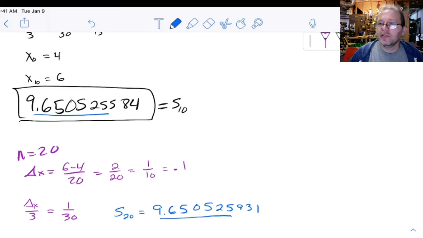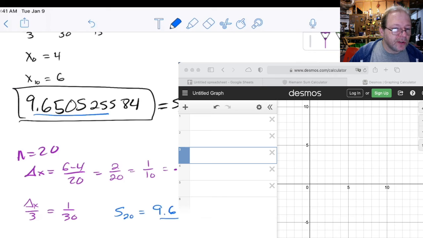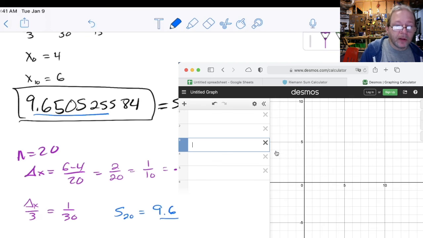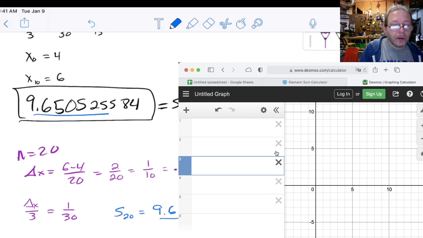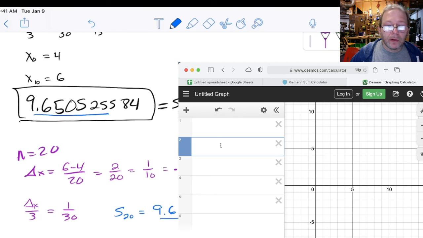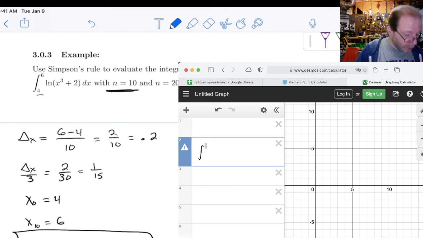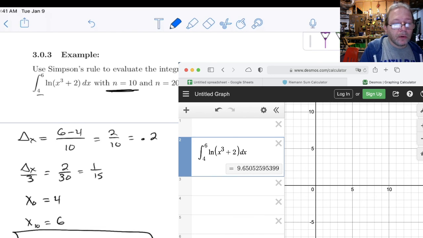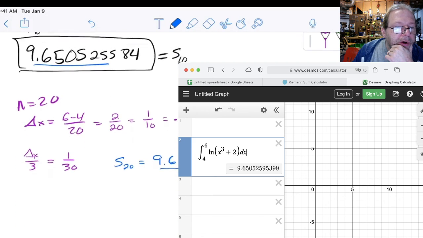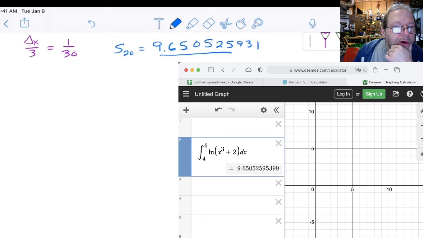But just for fun, let's put it in Desmos and see what Desmos says. If I put Desmos on here and I integrate, what was it, from 4 to 6 of ln of x cubed plus 2, it gives me this, 9.65052595.